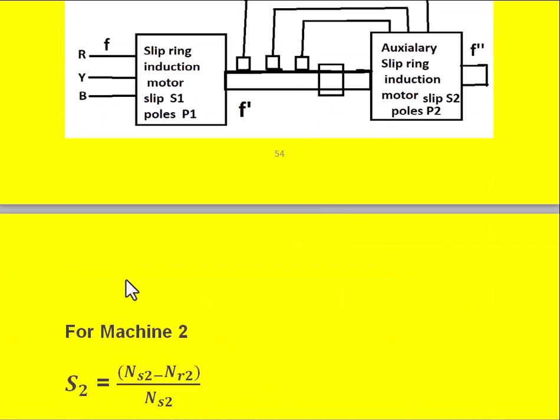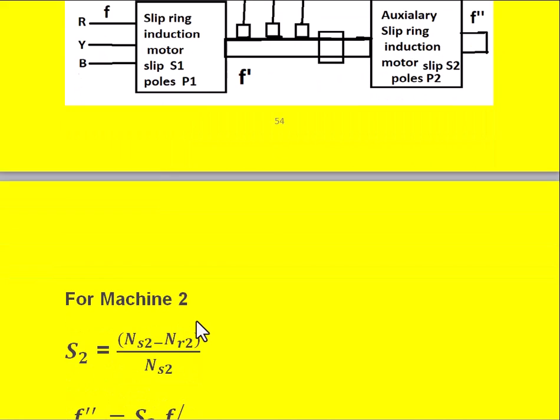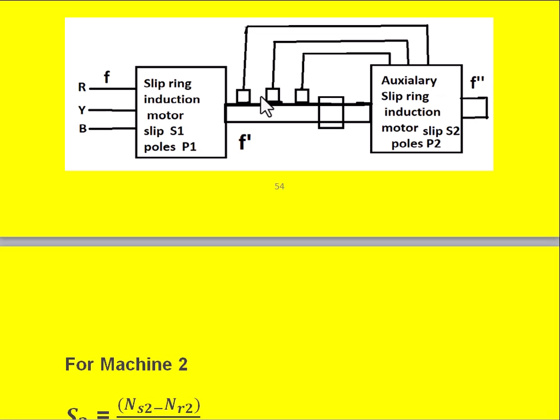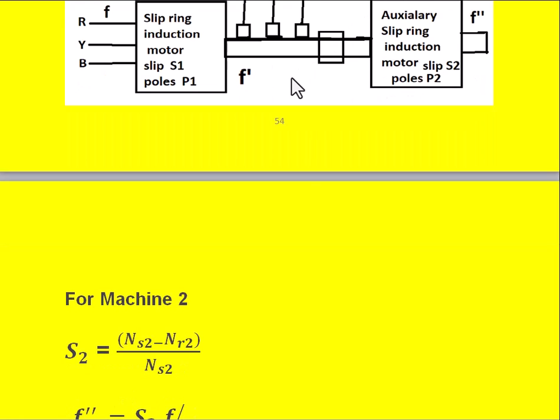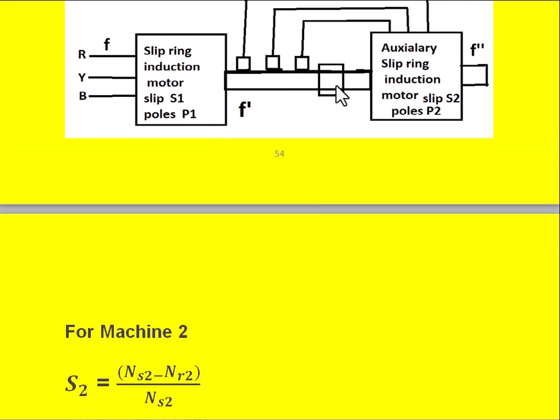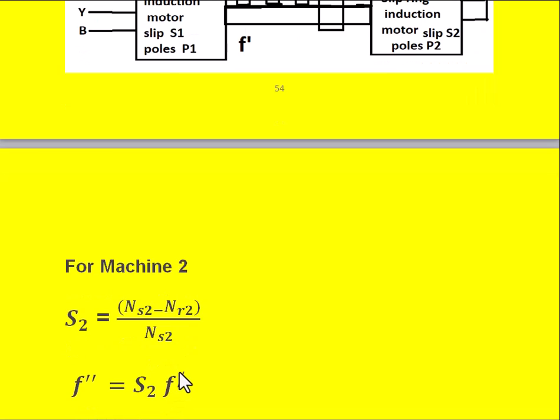Similarly, for machine 2, the connection is shown like this. This is machine 1, this is machine 2, and the supply that comes from here is cumulative in nature. So for machine 2, S2 is NS2 minus NR2 divided by NS2.